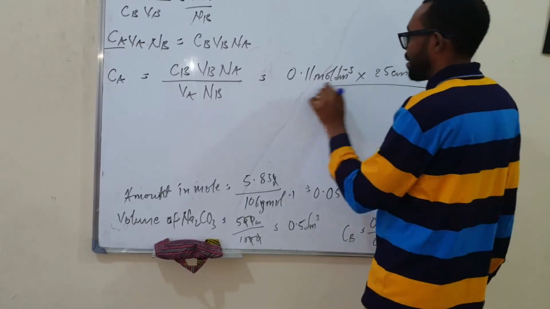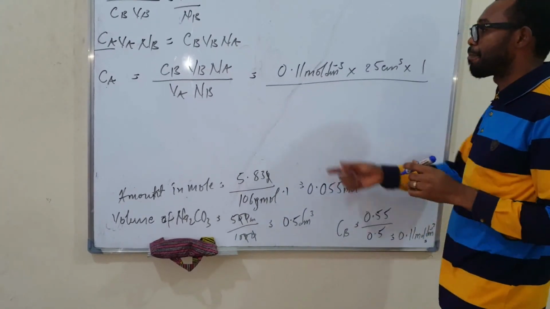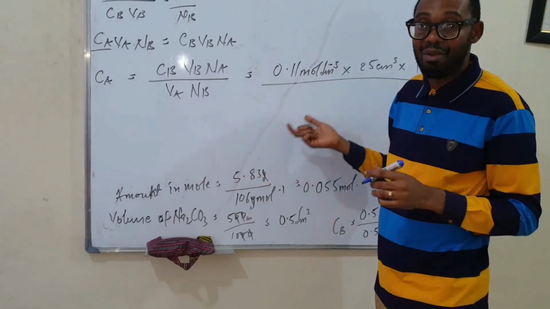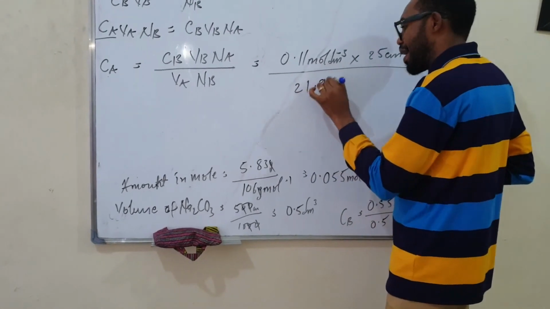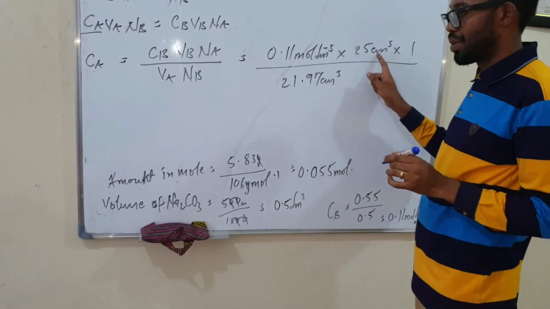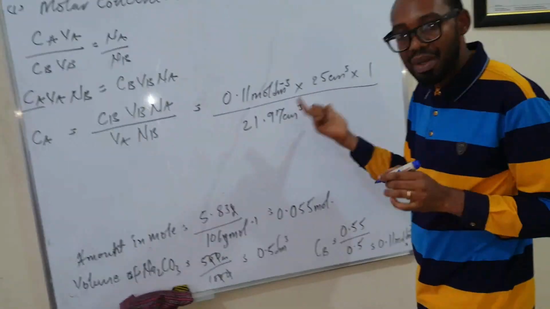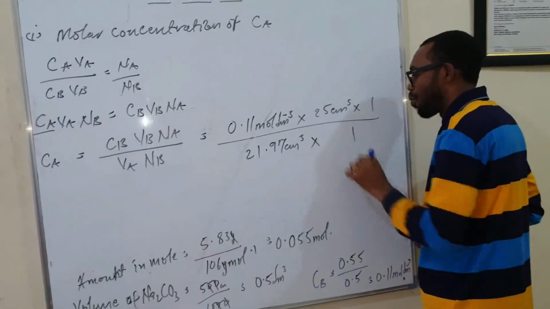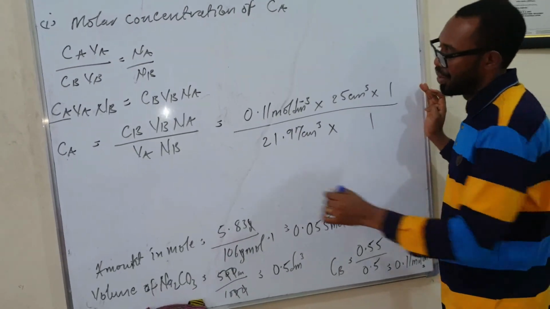We had to do that earlier. Then VA is the volume of the acid, that is the average titer we had earlier, which was 21.97 cm³. Now the cm³ will cancel with the cm³. We could convert to dm³, but that will waste your time. Times 1.